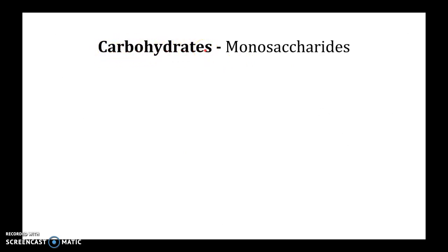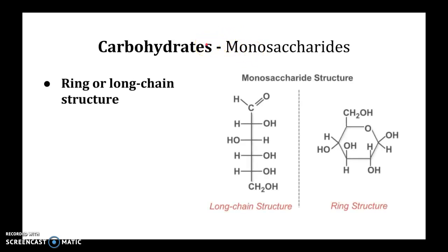Now, carbohydrates can be broken down further into subgroups. The first group is called monosaccharides. Mono meaning one. The way you identify a carbohydrate is by its structure.